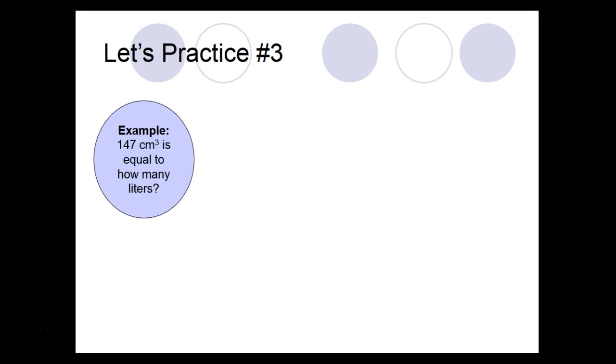Problem 3. 147 centimeters cubed is equal to how many liters? This is a two-step equation because you need to convert centimeters cubed to milliliters. So go ahead and try this problem out and then look for the answer.